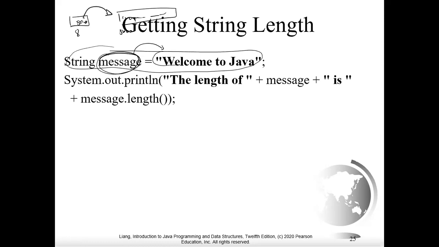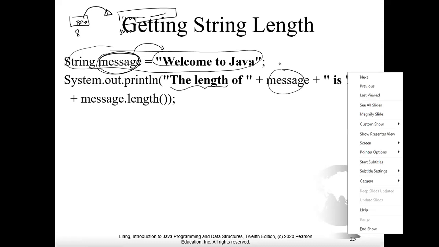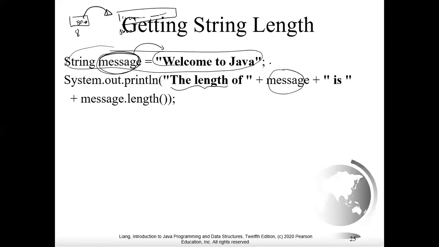It's like the variable is pointing there. So whenever you write message, it will be replaced by the same string that you have there. And then message dot length.